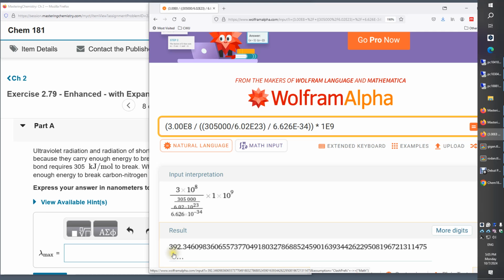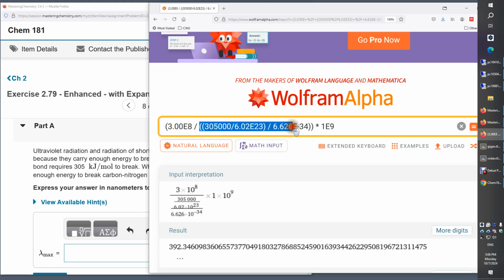We have a number 392 here. That's the wavelength. You can see the calculation over here. Again, this is the amount of energy to break 1 mole of bonds. And then over here, I got the energy required to break one single bond. And then this is also the energy of the photon that's needed to break the bond.